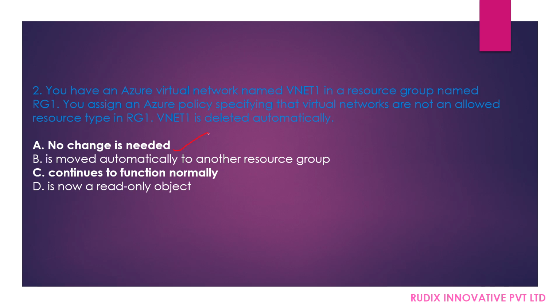If an Azure policy is assigned to resource group 1, specifying that virtual networks are not allowed, any existing virtual network in that group, including virtual network 1, will be automatically deleted. This is because the policy enforces restrictions on resource creation and deployment within the scope it's assigned.